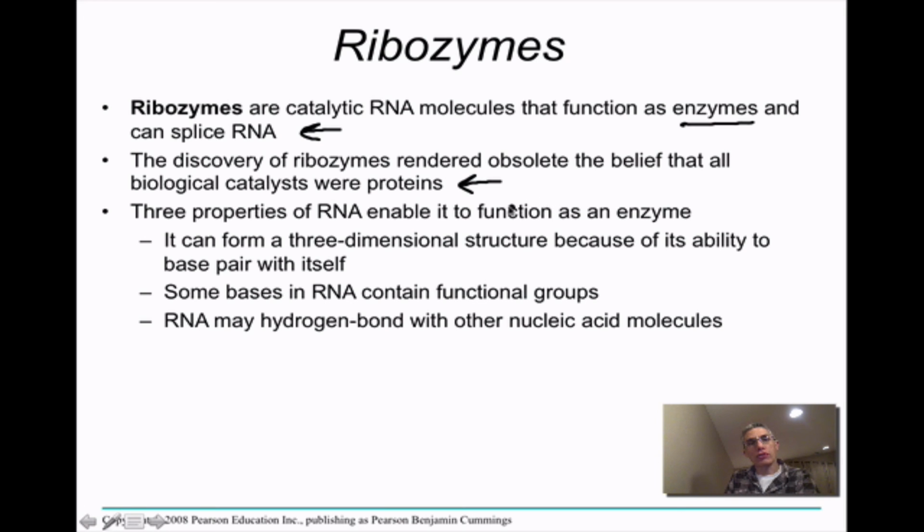So three properties of RNA enable it to function, as we had said, like an enzyme. The first one being it can form a three-dimensional structure, and again, this is going to be because of its ability to pair with itself. Some bases in RNA contain what we call functional groups. And the third is that RNA may hydrogen bond with other nucleic acid molecules. So that's going to help to encourage whatever chemical process needs to happen. So again, remember, that's a function of an enzyme.